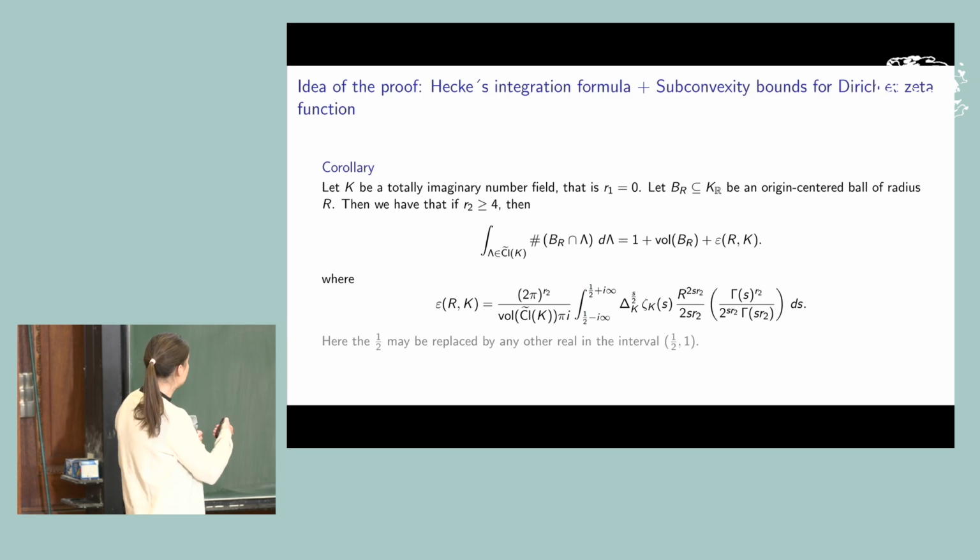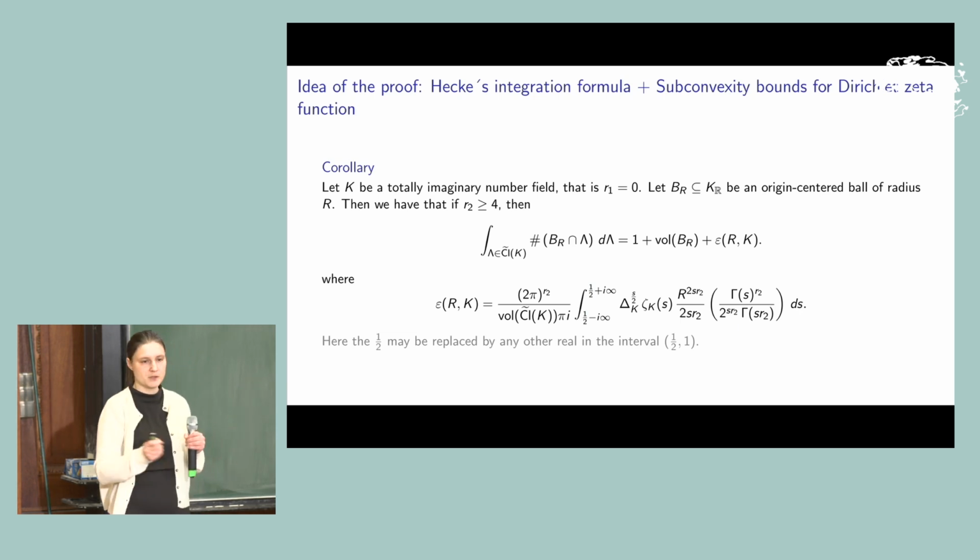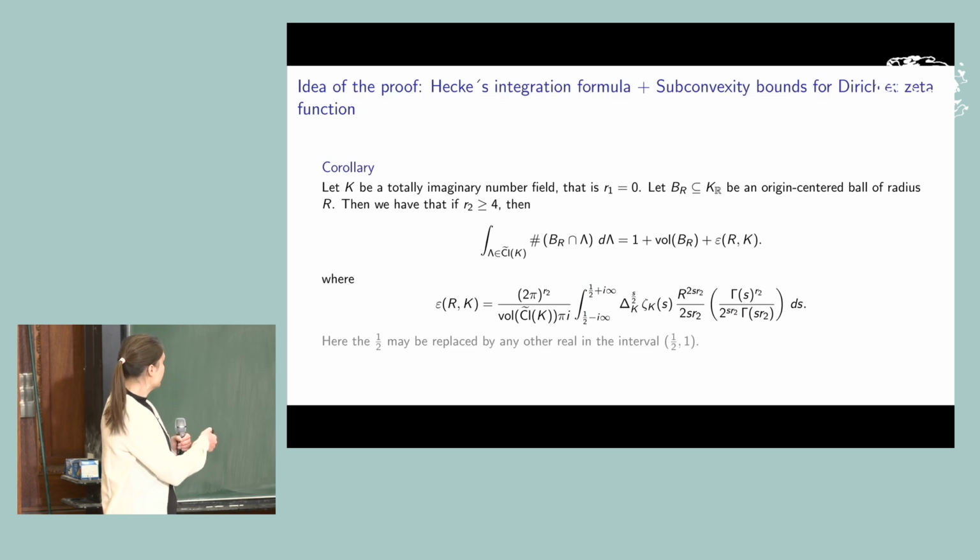Here we actually had a lot of choice for the contour, but we have chosen it to be the vertical line with real part equal to 1/2, because this is the critical line and it is well studied.